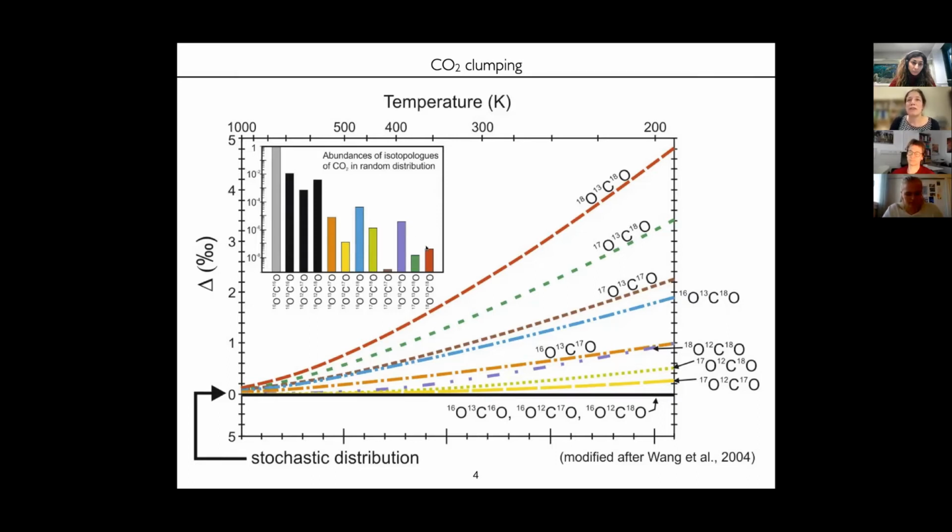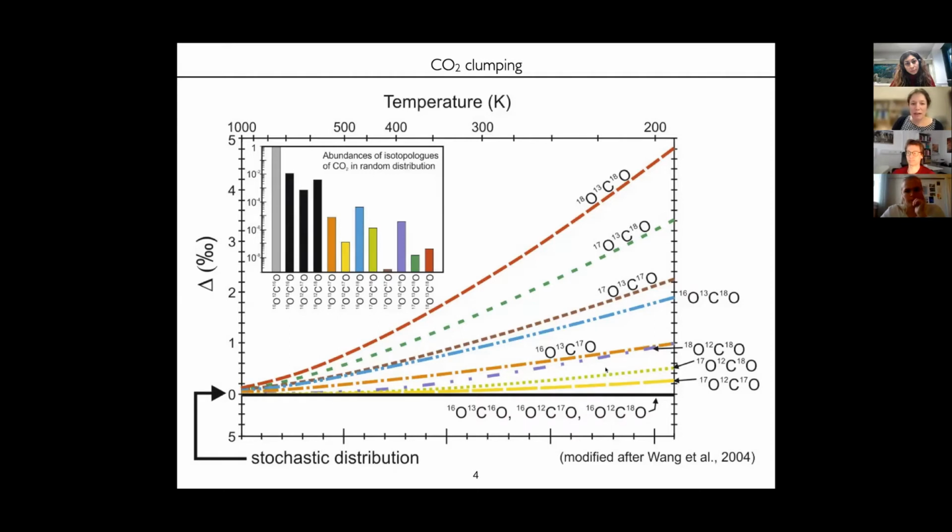Because of this, we, at the moment at least, have no chance of measuring this triply substituted isotopologue. We have to contend with the ones that are abundant enough that we can still measure them. And that is, for the most part, the one that contains a 13C and an 18O. That's both abundant enough that we can just about measure it, and it still has a significant temperature dependence in this clumping state.